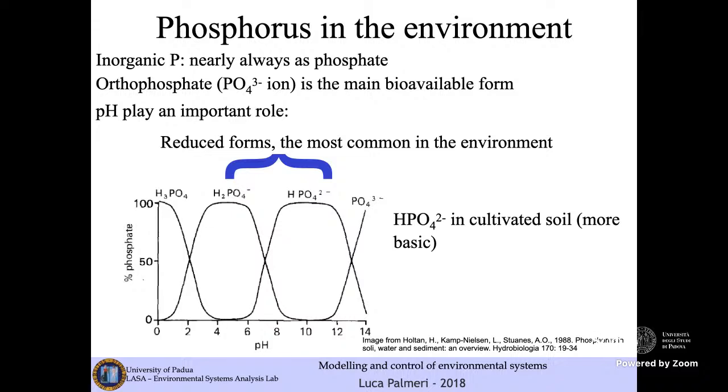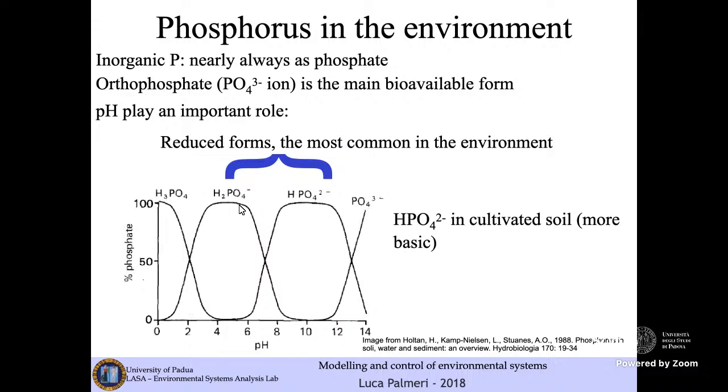In particular, inorganic phosphorus, but nearly always in the form of phosphate or orthophosphate ions, is the most available form, as we have said. pH plays an important role by moving between the most common forms in the environment, which are H3PO4, H2PO4-, HPO4 2-, or simply phosphate PO4 3-.